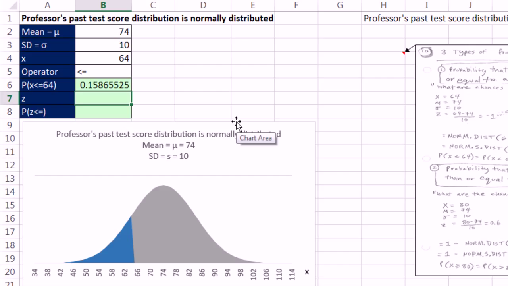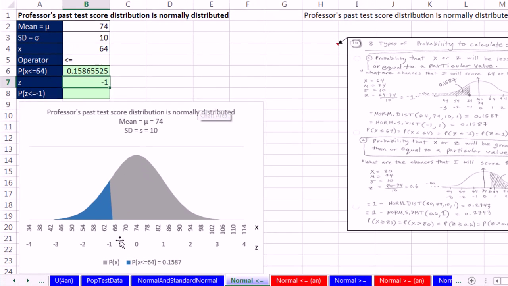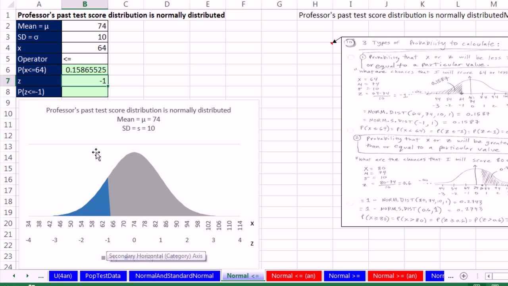The probability is 0.15. Now if you want to calculate your z, equals open parentheses, I'm taking my particular x minus the mean, close parentheses, and divided by my standard deviation. This gives me -1. I'm exactly 1 standard deviation below.